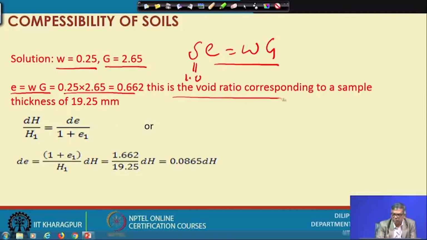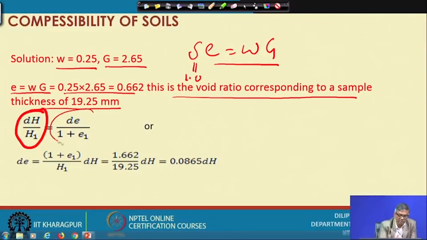So, this void ratio corresponds to a sample thickness of 19.25, that is one table you can see, 19.25 thickness at the end. Corresponding to that thickness we have void ratio 0.662. Now, we know that dH by H1 will be equal to dE by 1 plus E1, the change of void ratio divided by original void ratio, total volume here.